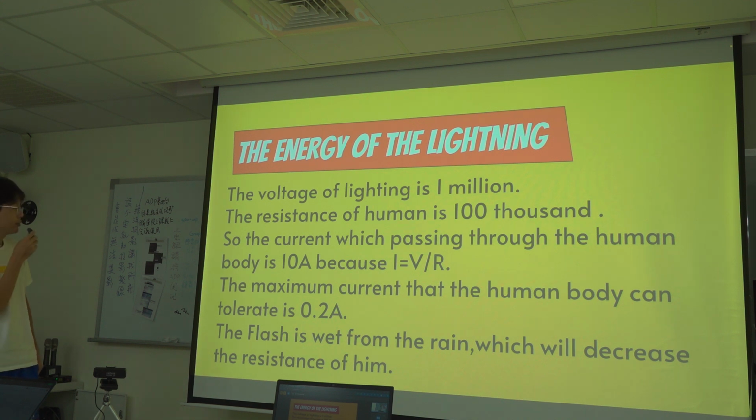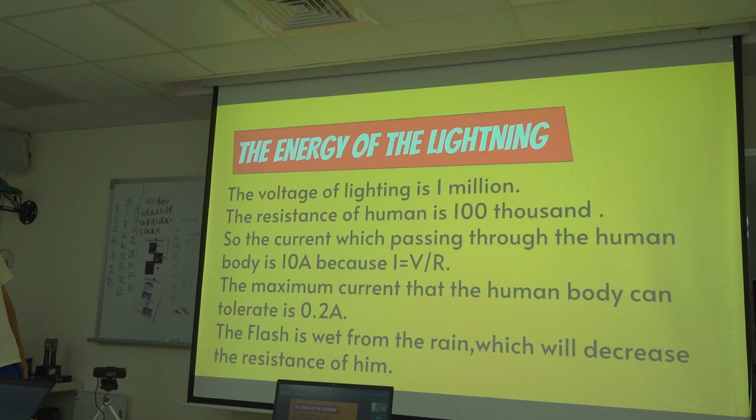But the maximum current that the human body can tolerate is about 0.2 ampere, which is much smaller than 10 amperes. And the Flash is wet from the rain, and when the surface is wet, that will decrease the resistance.